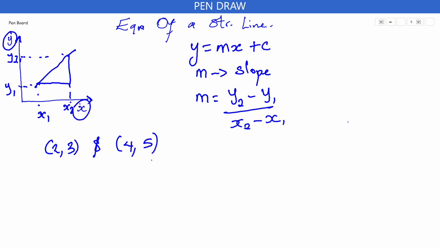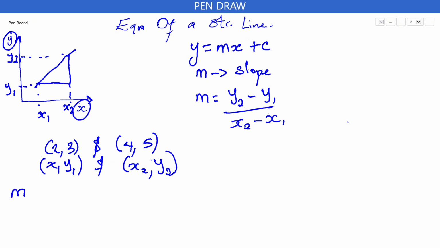So what do we do? The first number of the first point they give you will be your x1, and the second number will be your y1. The first number of the next point will be your x2, and the next number will be your y2.